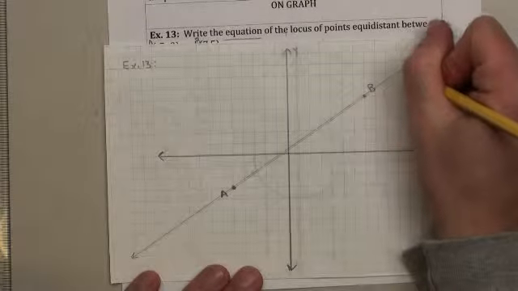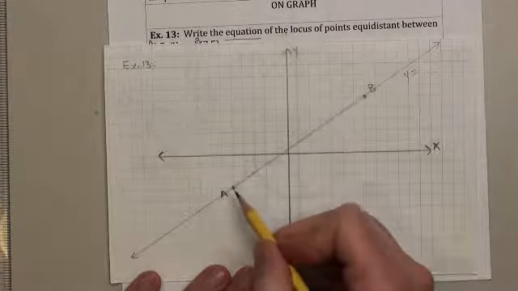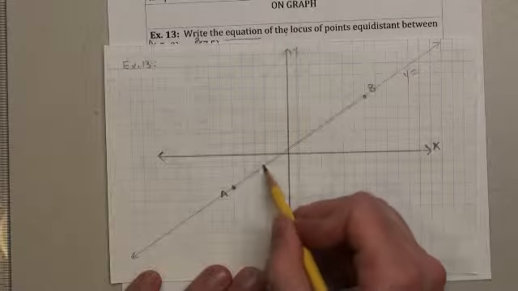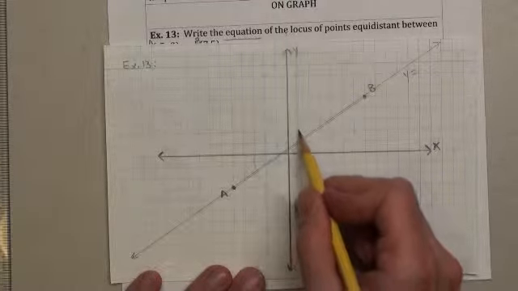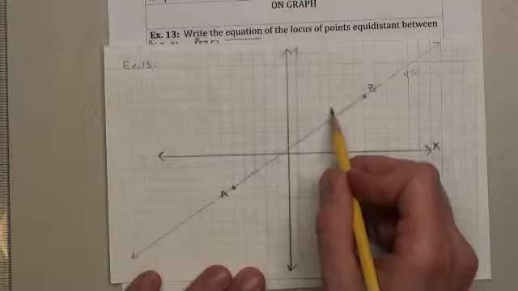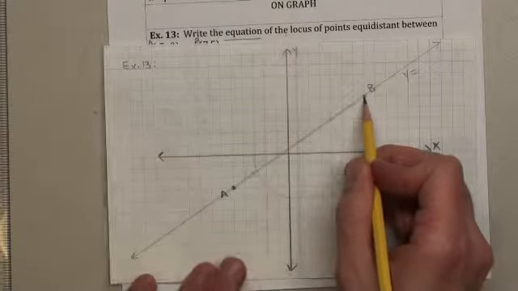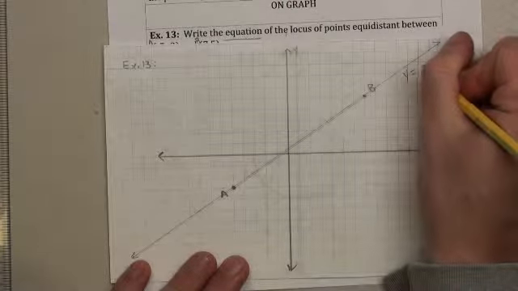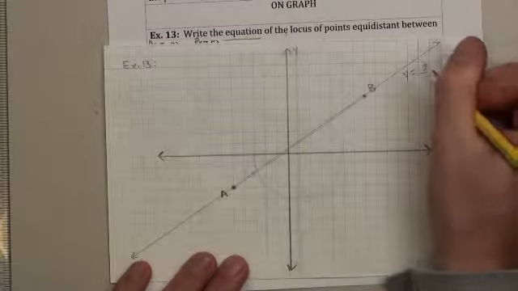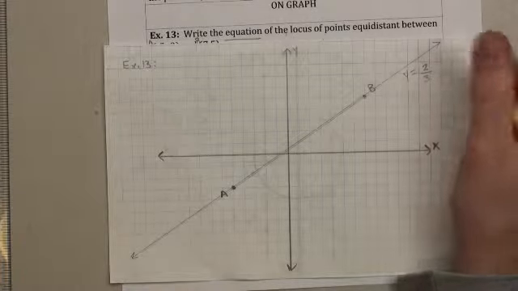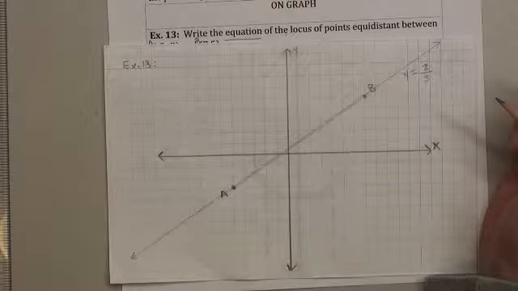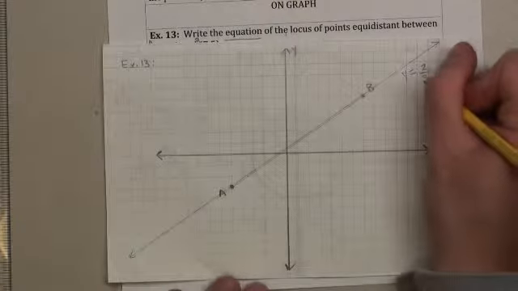The equation of that line is y equals, what's our slope? Well, we're going up 2 and over 3. So we're going up 2, that means the 2 is on top of the fraction, and we're going to the right 3, and they're both positive because up and to the right are positive directions.